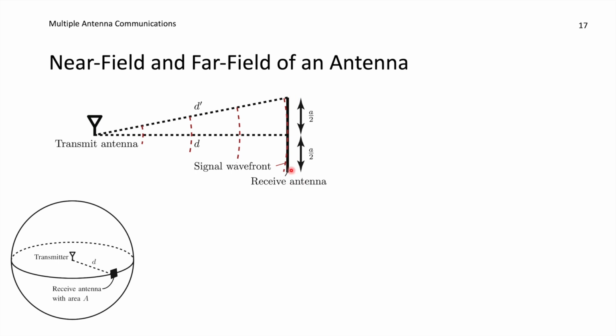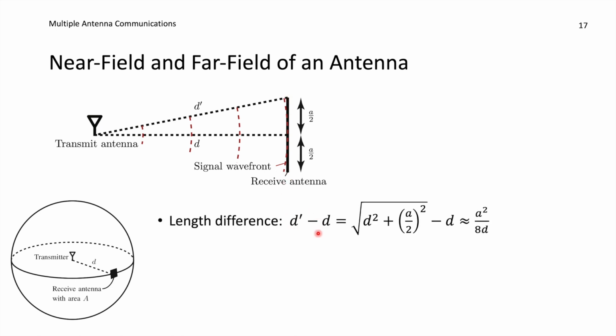So suppose the length here is a of the receive antenna. Then you have one distance d to the center of it, but you have another distance d prime to the edge of it, both the upper and the lower one. We can compute the length difference, d prime minus d, that is the extra distance up here that the wave needs to propagate to reach the corner compared to the center.